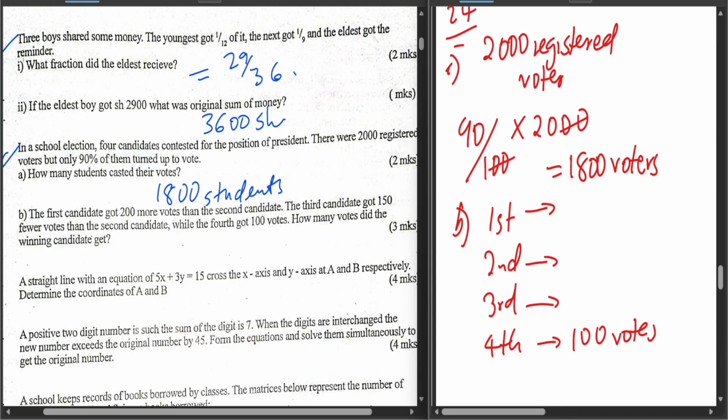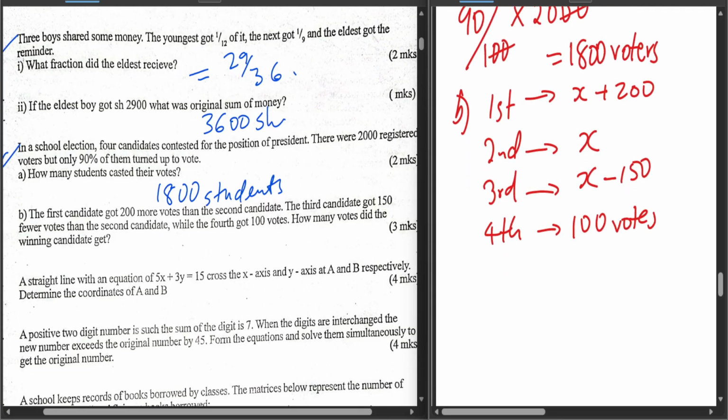Okay, for now, let's make it x. So let's say the second candidate has x votes, then the first candidate got x plus 200 votes, and the third one got 150 fewer votes, so it's going to be x minus 150.